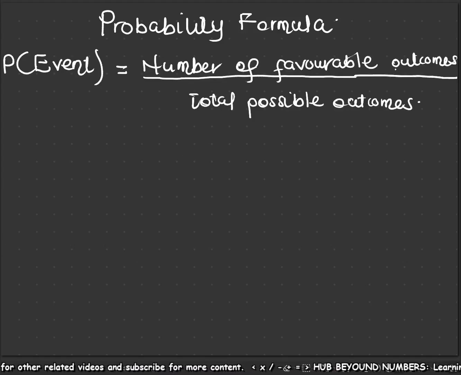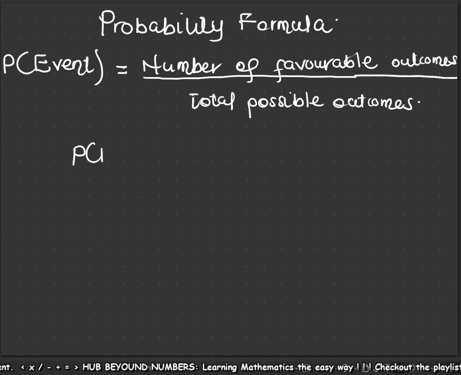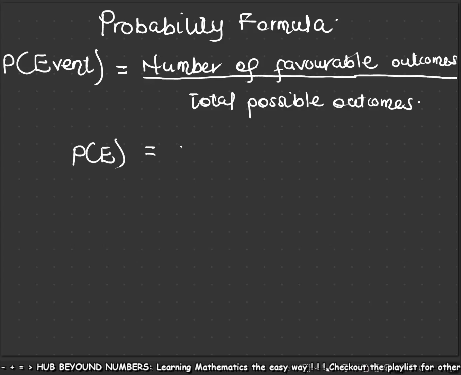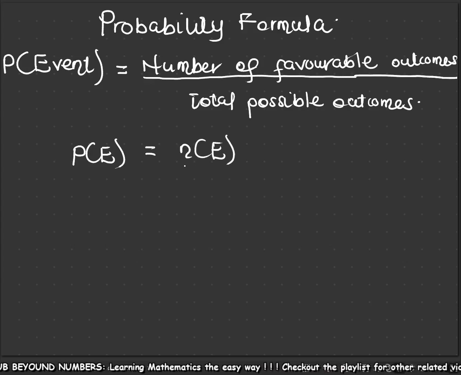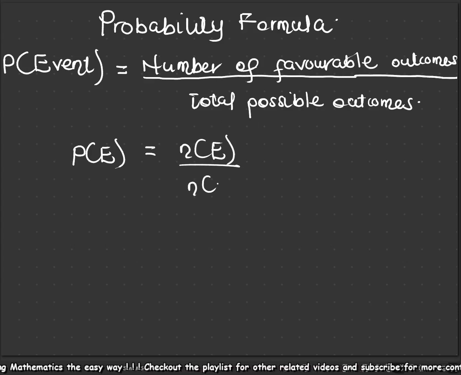So it's the number of favorable outcomes all over the total possible outcomes, right? And in short, you can say the probability of an event is the number of events over the total possible outcomes. That is the sample space.